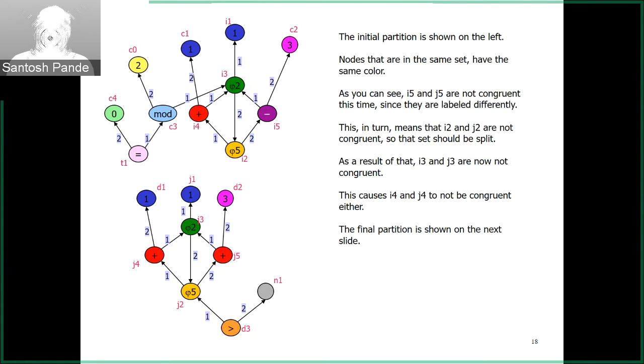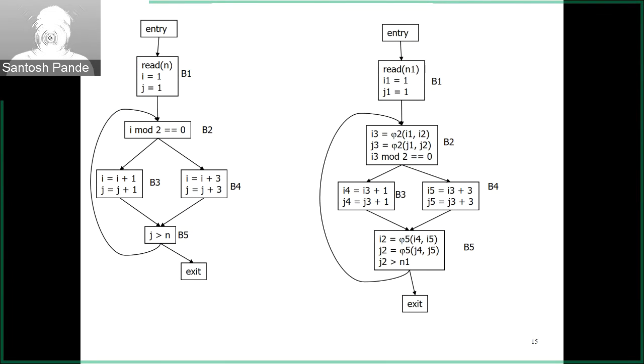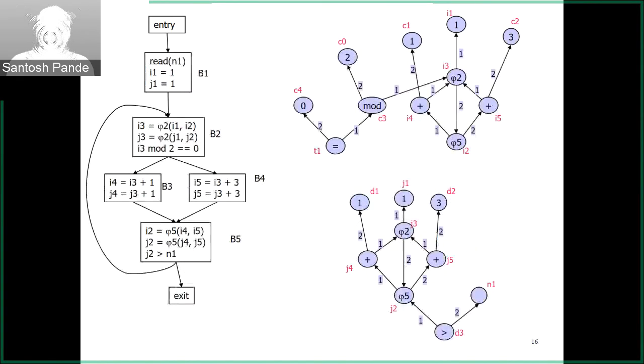I will stop here, and again, what is the essence of it? The essence of it is being able to build this global value graph, incorporating the different phi functions labels here across different basic blocks, and verifying that in order for two operands to be congruent, their constituents must be congruent on respective edges, and their operator must be the same.